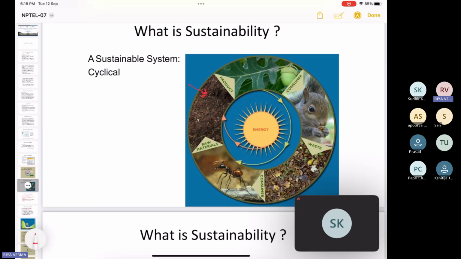It is used as manure or fertilizer for the products, for example fruits or nuts, that are grown on the fields. These are consumed by, for example, a squirrel here or any other organism, and after that it generates some waste. This waste is further consumed by small insects, or what we call decomposers, to form again this manure or fertilizer, like this raw material. So this is a process of a cyclic sustainable system.